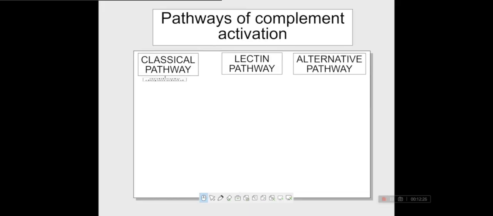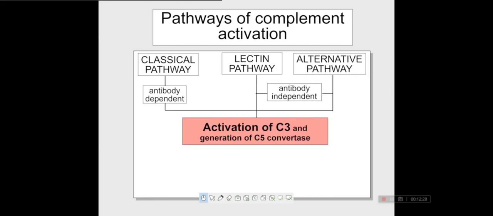So now, what is the pathway of complement activation? I already told you there are three pathways: first is the classical pathway, second is the mannose-binding lectin pathway, and third is the alternative pathway.